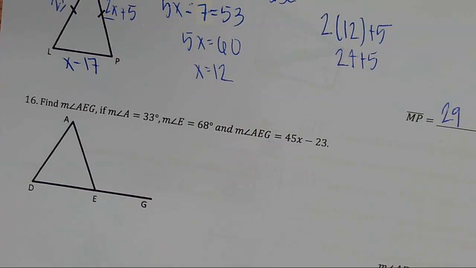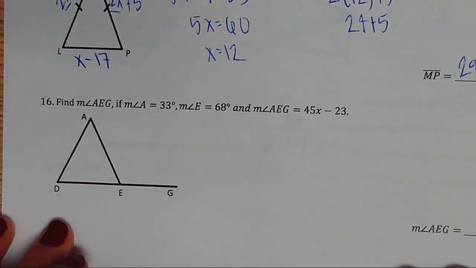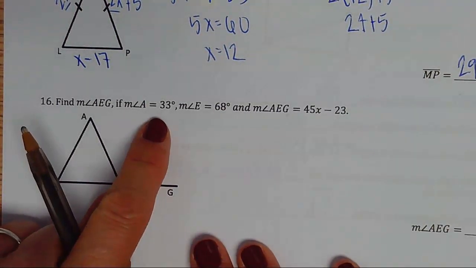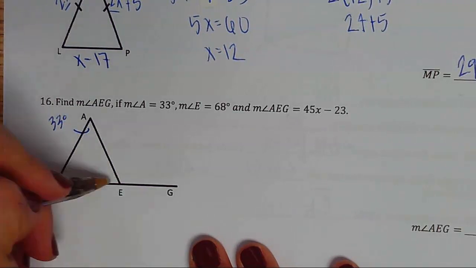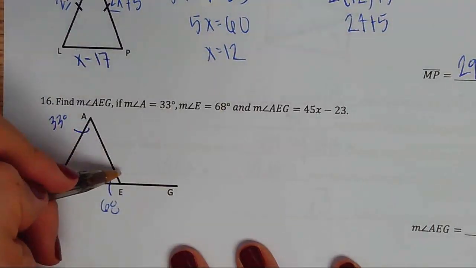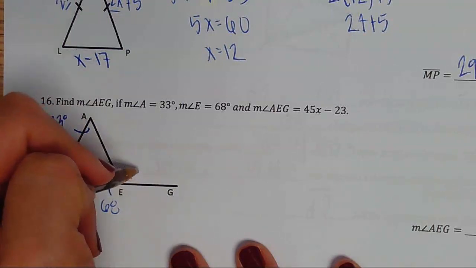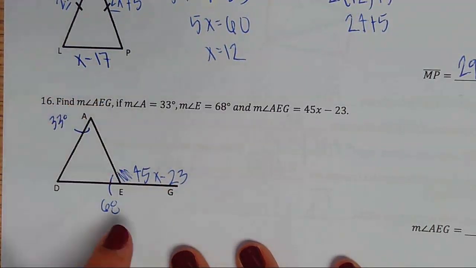Okay, so this one looks a lot trickier than it is. But what we are going to realize is that right here, angle A is 33 degrees, angle E is 68 degrees, and angle AEG, this angle right here, is 45x minus 23.